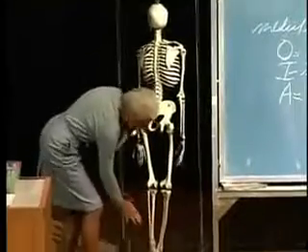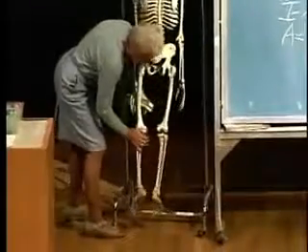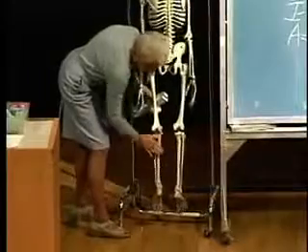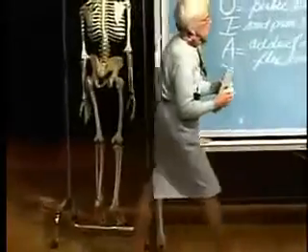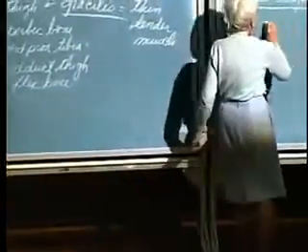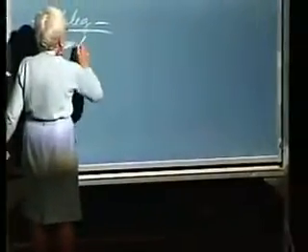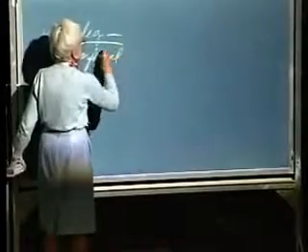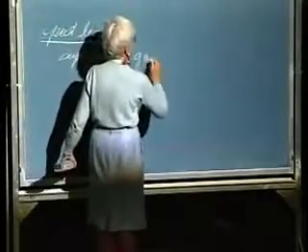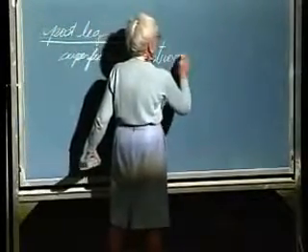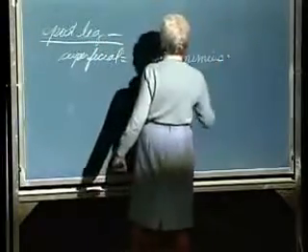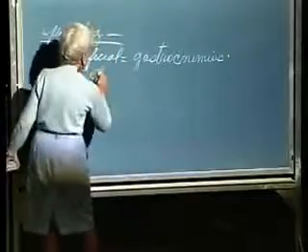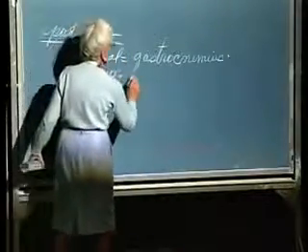The superficial one is the gastrocnemius, and the deep one is the soleus. So superficial equals gastrocnemius, and the deep is the soleus.